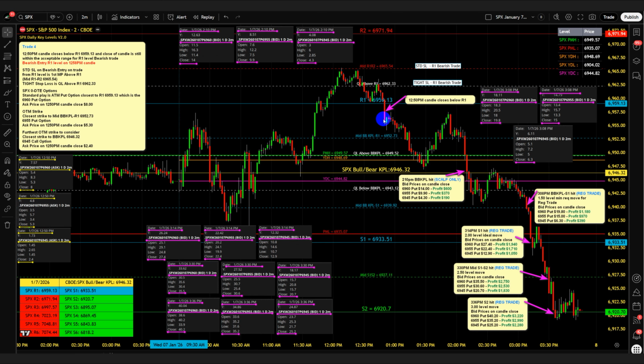Here we have a decisive close through at 12:50 p.m., closing below R1. There were several bits of news that came out today from President Trump that were fairly negative news regarding things that he was doing with the economy.